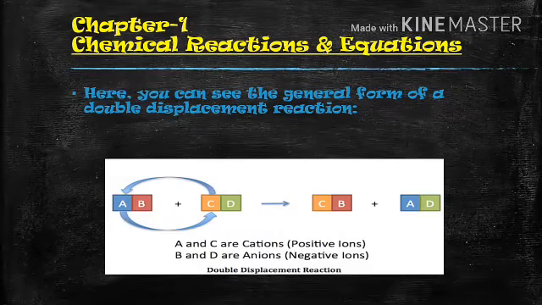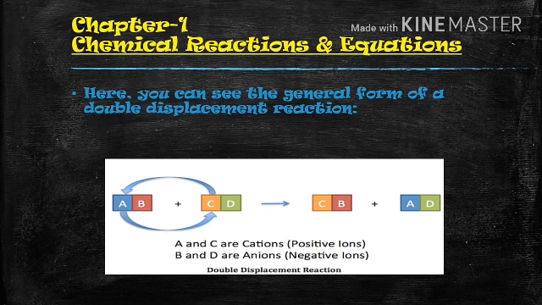Here you can see the general form of a double displacement reaction. There are reactants, there are products, and the reactants switch between them and give the products. A and C are cations, which have positive charges, and B and D are anions, which have negative charges, as shown in this double displacement reaction.